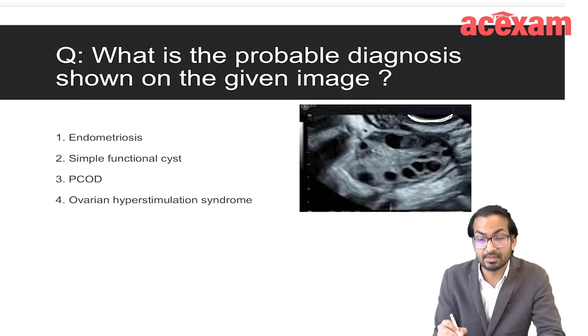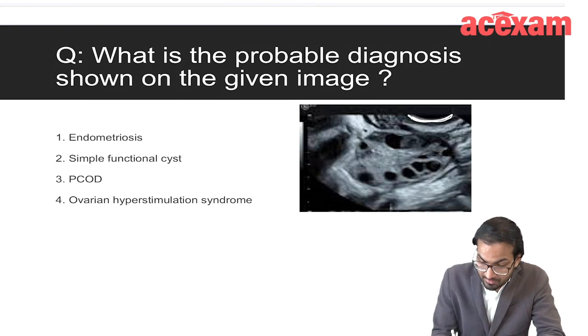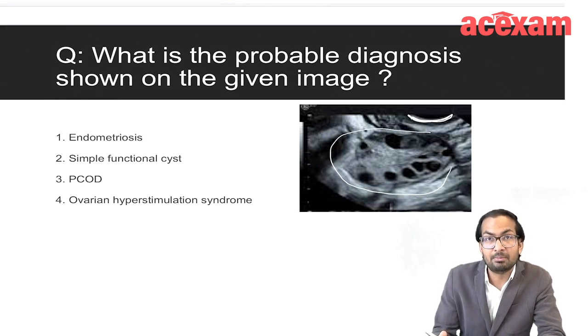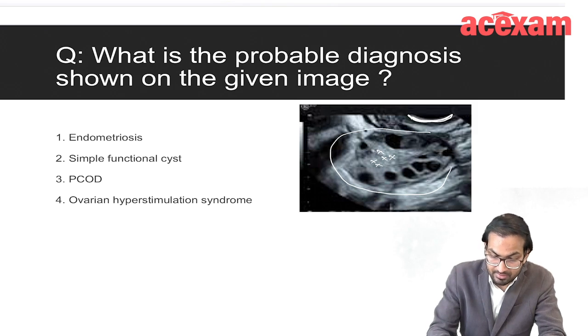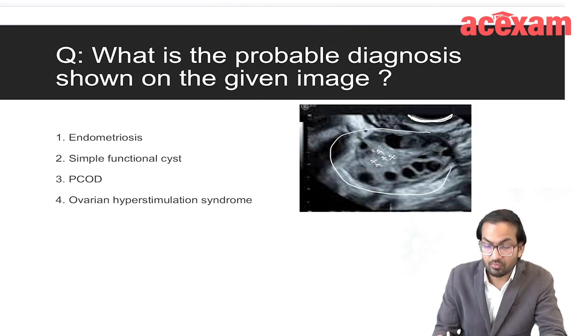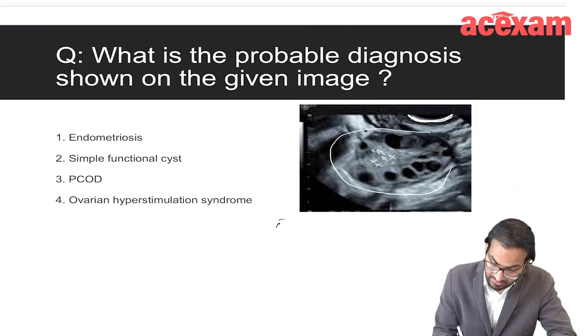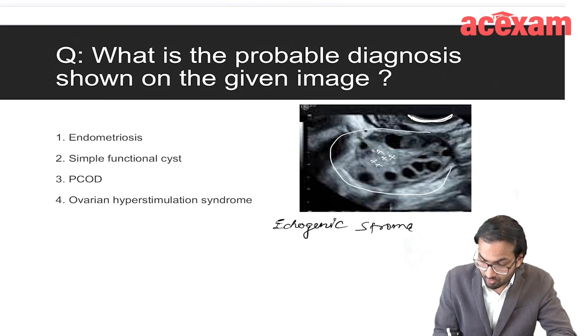What are the important characteristic signs you would see on this image? Whatever this ovary, it is slightly bulky. Second, this portion of the ovary is slightly echogenic. And what do we use the word for this? Echogenic stroma.